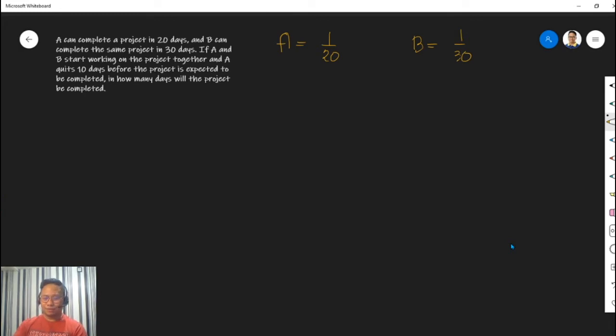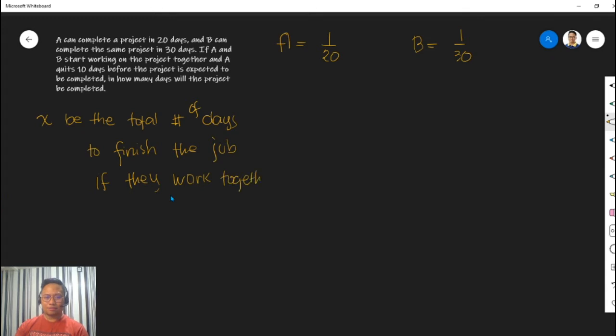Let's say for example, we assume a variable x to be the total number of days to finish the job if they work together.